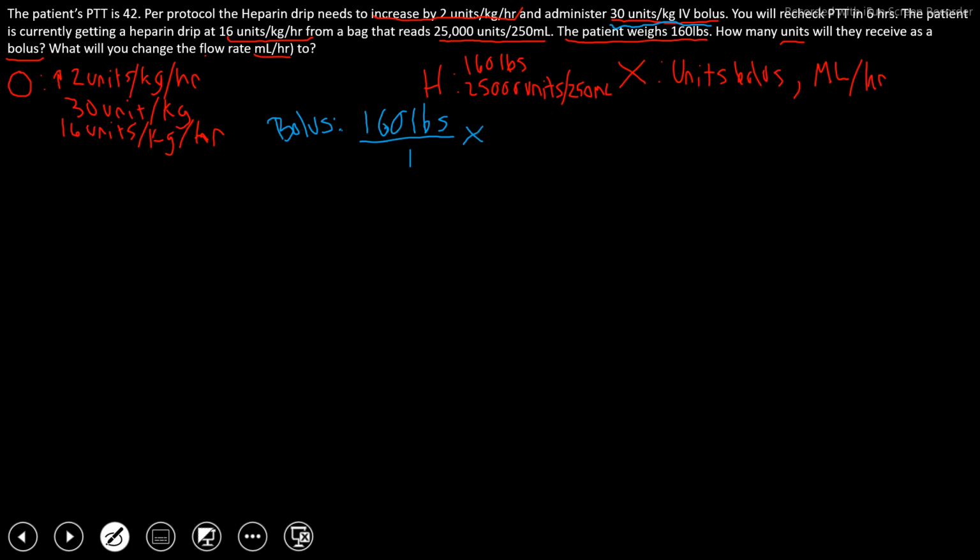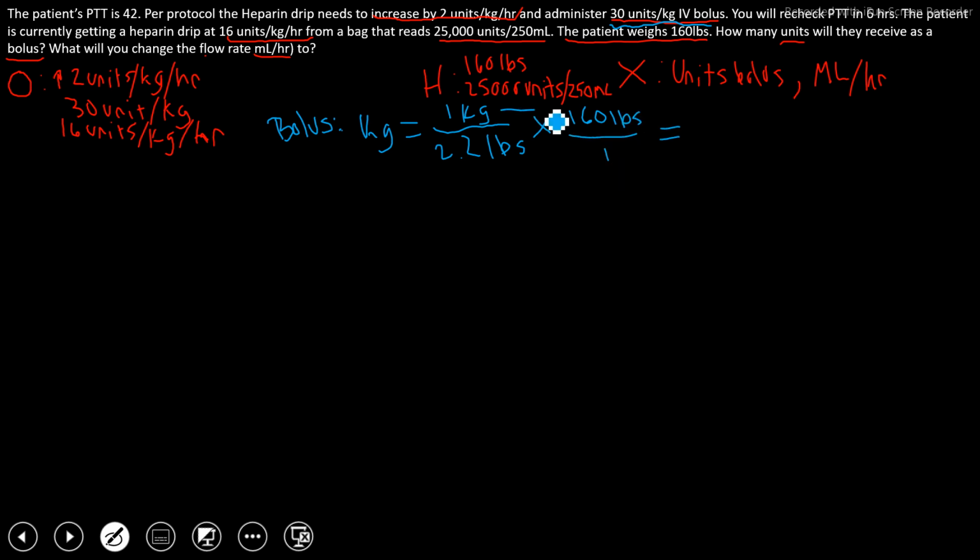Times, okay. Here, we're going to do it this way. It's a little less confusing. So we want it in kgs, so kg equals, so 1 kg is equal to 2.2 pounds. So we're going to times this by our guy's weight, so that's going to be 160 pounds with our placeholder.